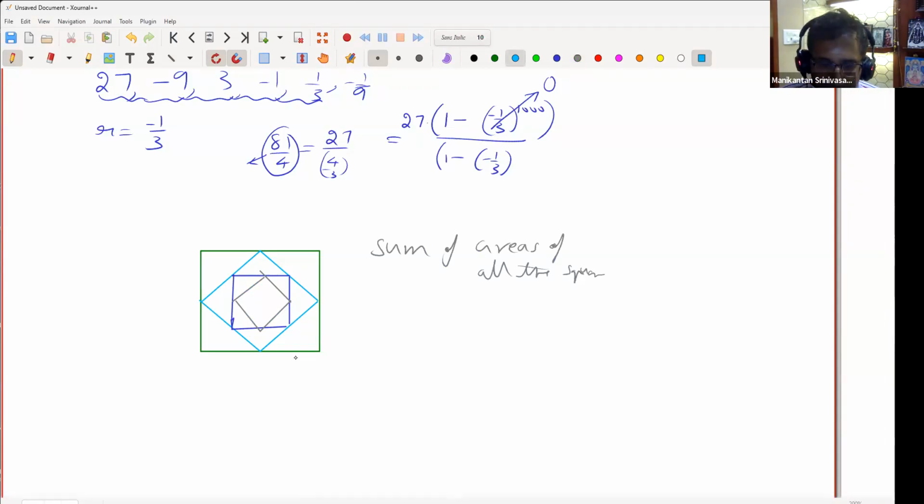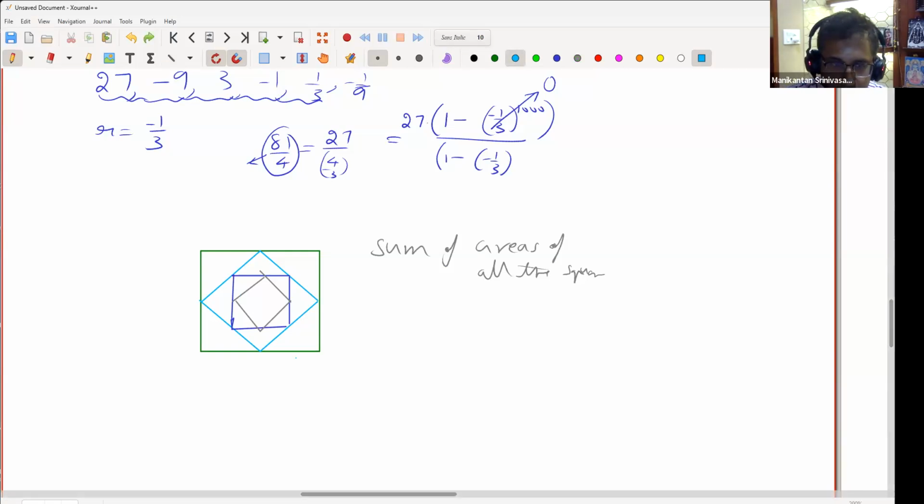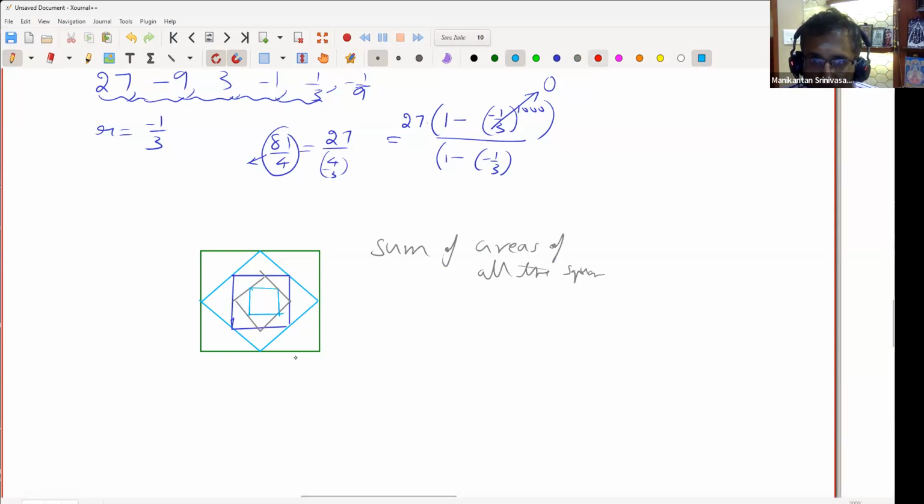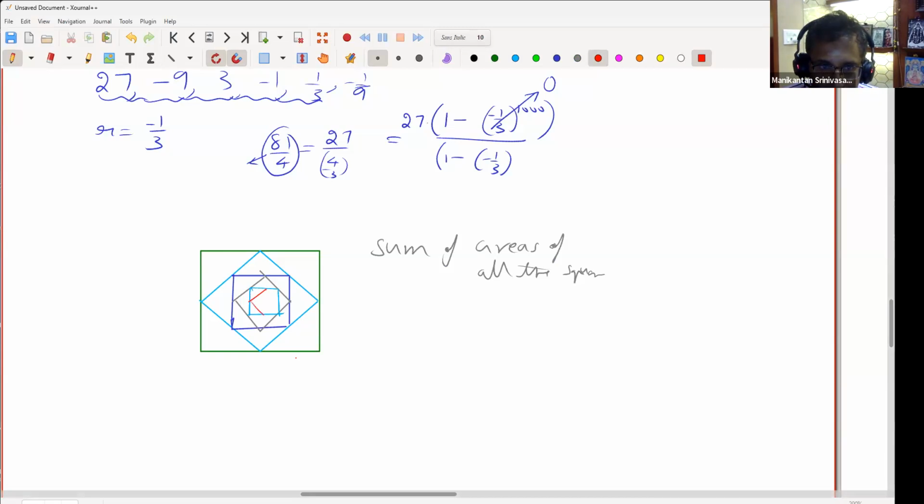I can take another smaller square and put it inside this, right? So you understand what's happening. This is another square, and within that there'll be another square. This pattern continues. Let's say the starting length of this square is 4 centimeters. Can you guys take a minute to do this, please?